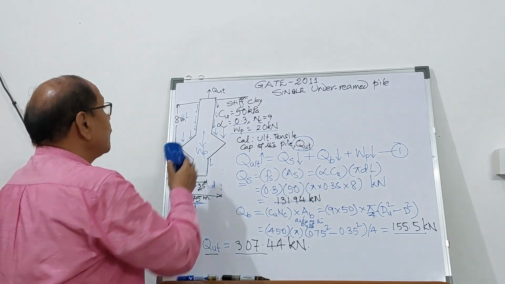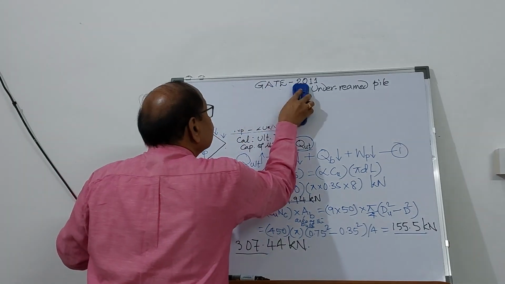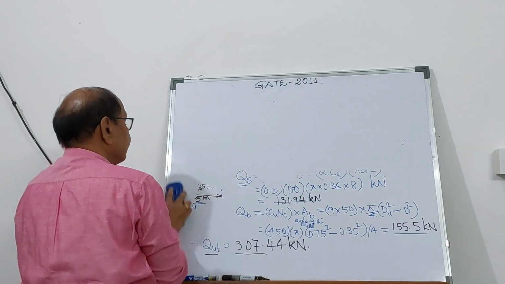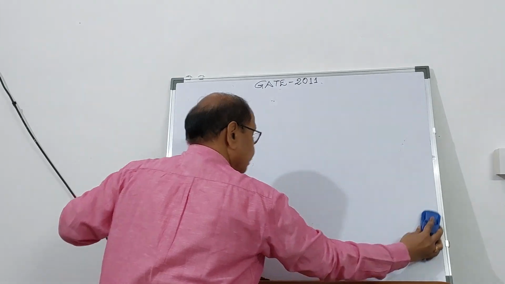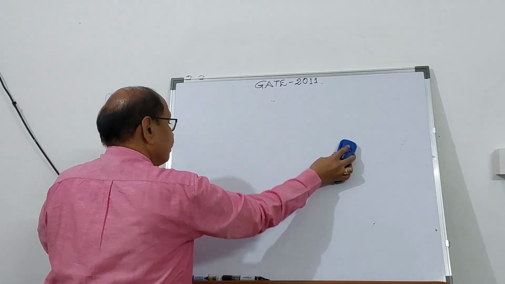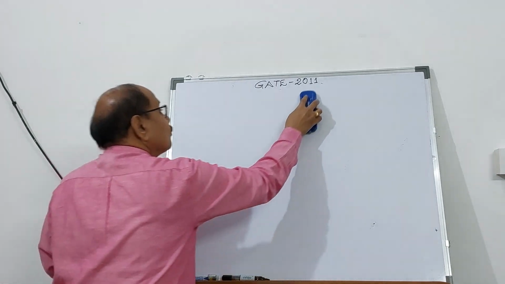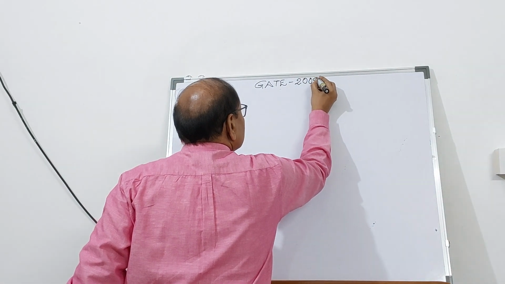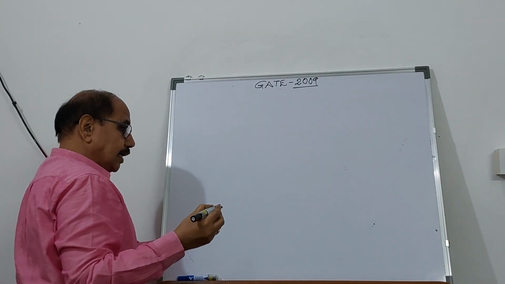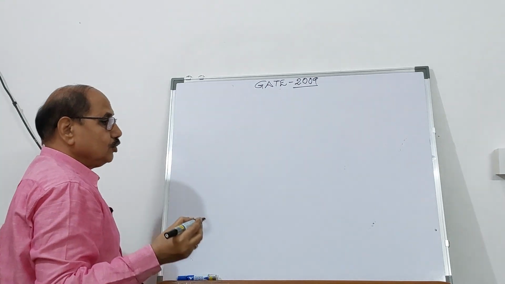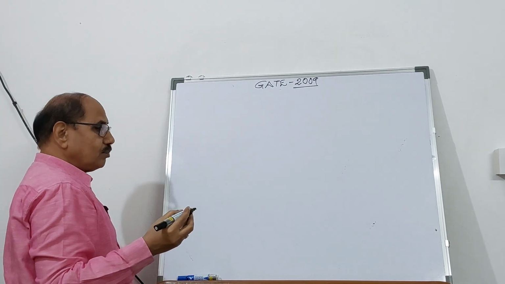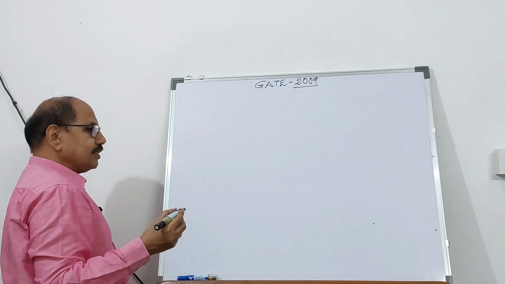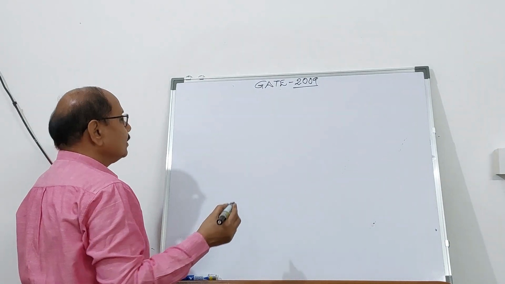My next problem is of 2009, and the problem is using a modified Healy's formula, you will have to find out the ultimate resistance of the precast concrete pile.